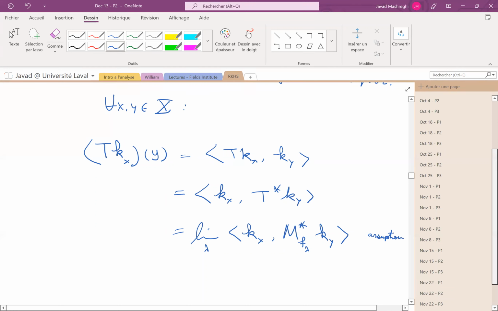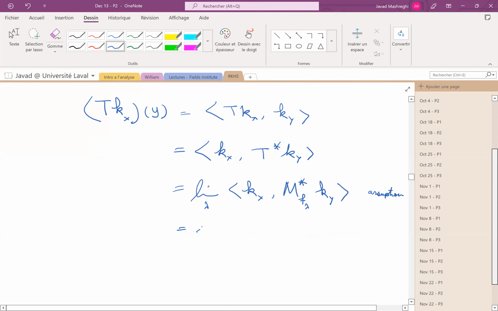And now we use the fact that, by previous results, this is an eigenfunction.